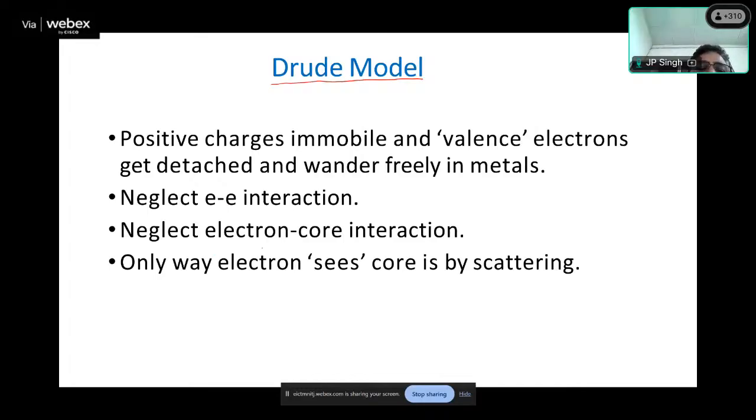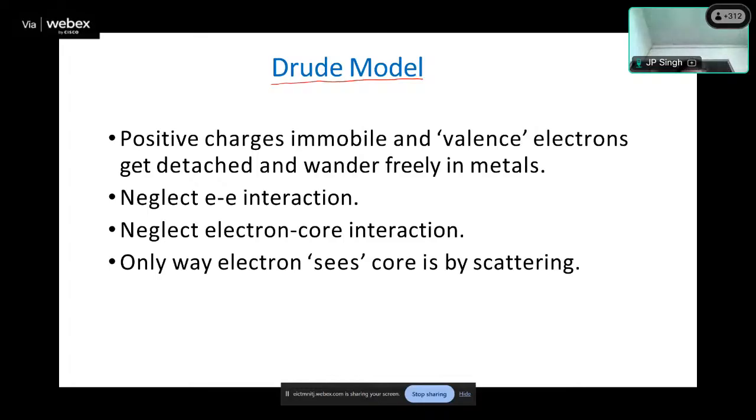It also neglects the electron-core interaction, that is, with the positive ion cores in the lattice positions. So the Drude model completely neglects the Coulombic interactions, among the electrons or between electron and core.